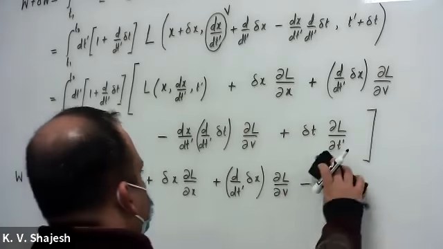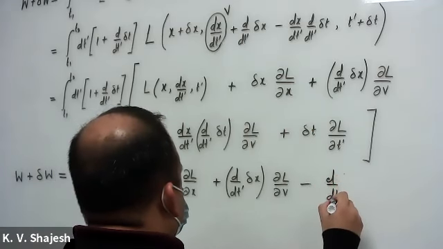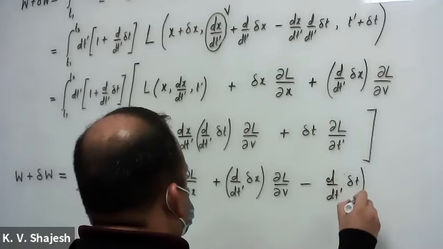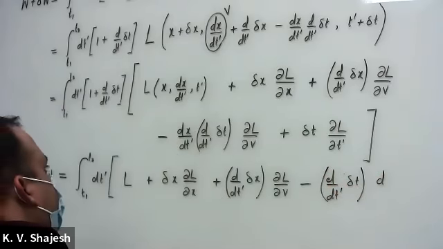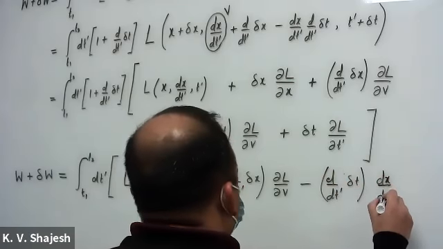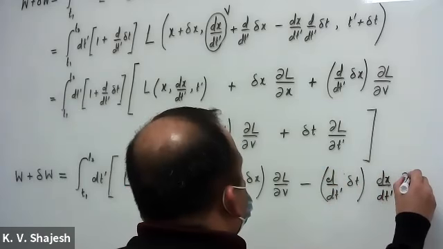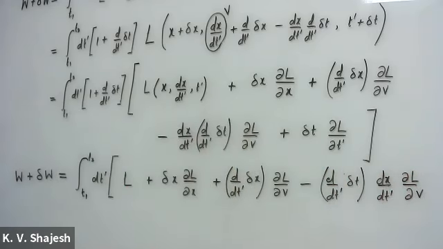Maybe write it on that side. D by dt prime delta t. That's velocity, right? But let me write that explicitly. Visible? Yes.